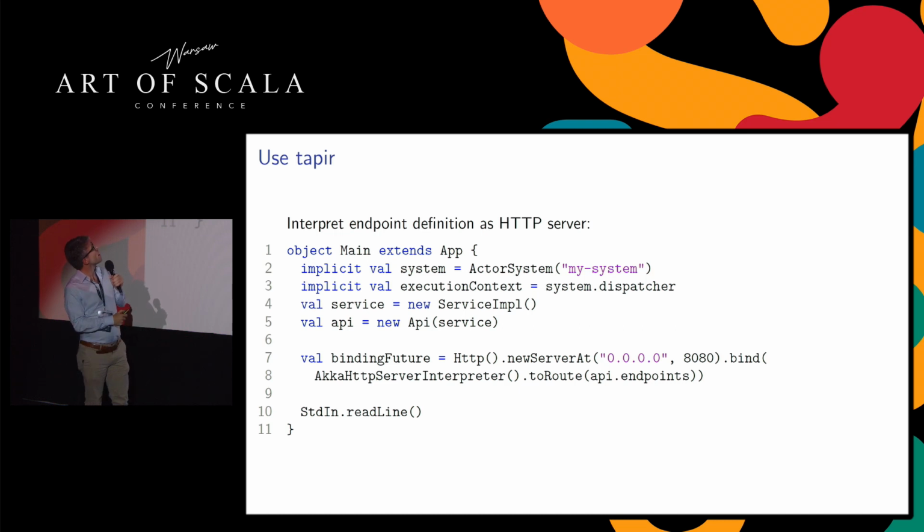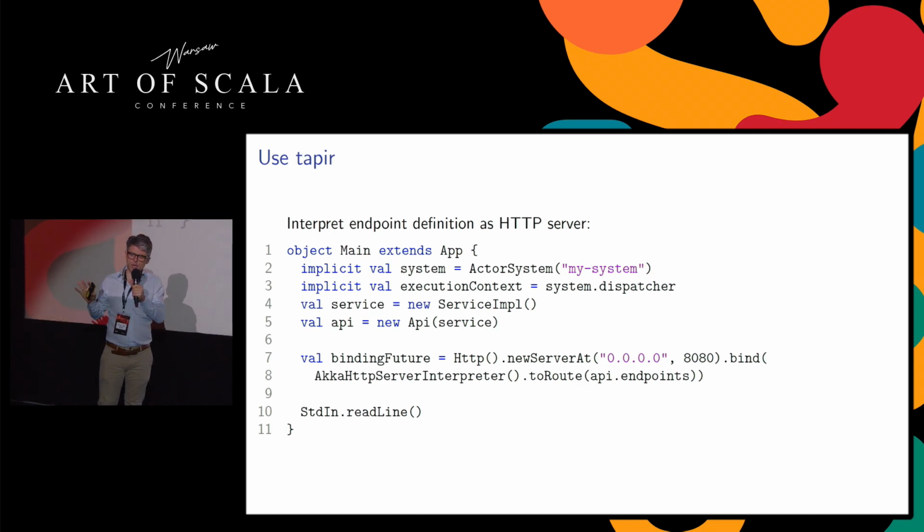And you see here that we now have to supply an implementation of the service trait where we can actually implement our business logic. So I think this solves the deduplication problem for HTTP documentation quite well. And now we have only one place where we have represented the knowledge about our endpoints.